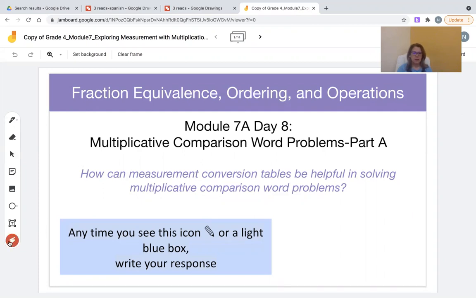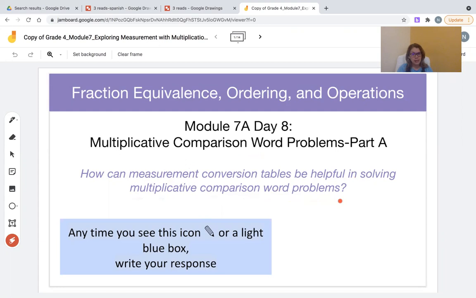Today we are in Module 7A, Day 8, Multiplicative Comparison Word Problems, Part A. How can measurement conversion tables be helpful in solving multiplicative comparison word problems?